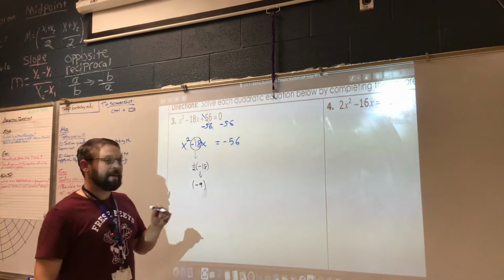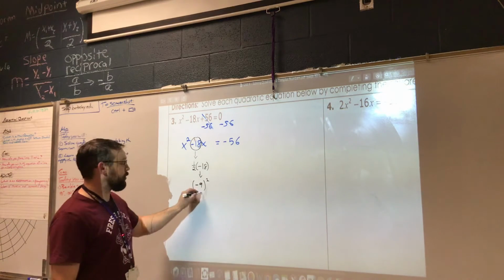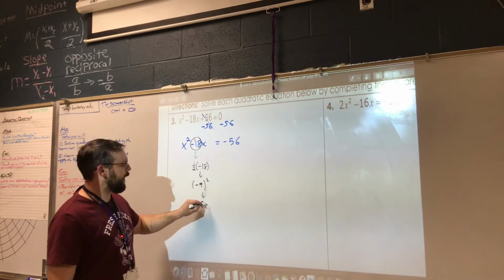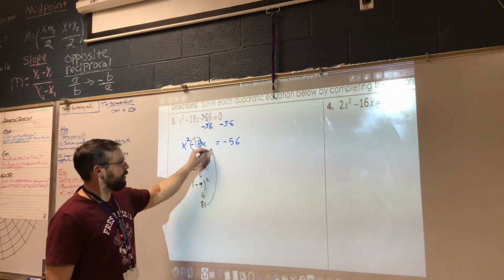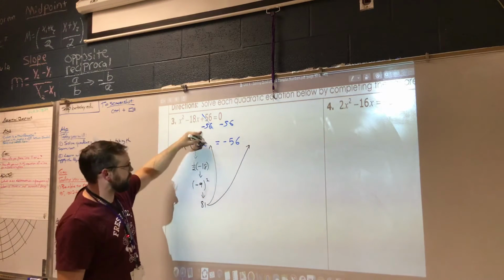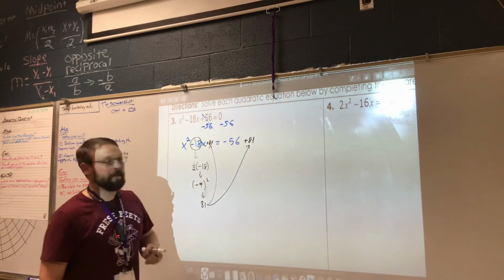I'm going to take that negative 9, and I'm going to square it, which is going to give me 81. That 81 is going to go here, and it's going to go here. So it's going to look like this, plus 81, plus 81.